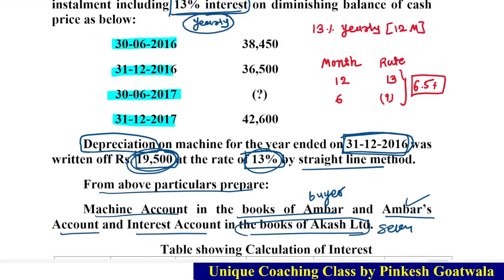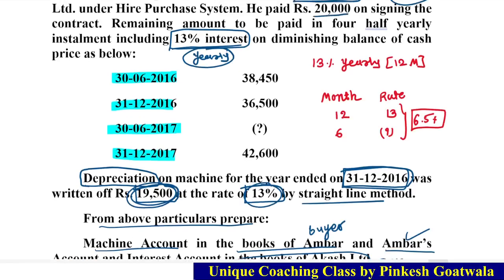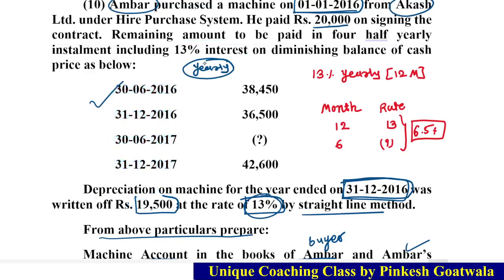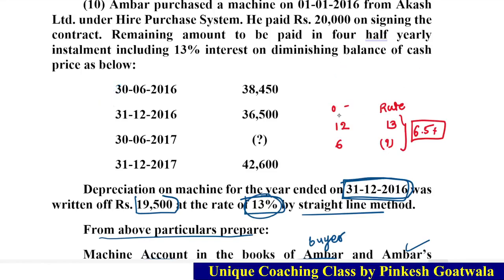So here also we should think about the journal, because we have already solved this somewhere. The installment comes every 4 months, here the installment comes every 6 months. So here also I am going to show you the journal, and then we prepare the accounts also. Okay, so in today's example we will see the journal also and then prepare accounts. Okay, so let's first of all write the journal, then the account.